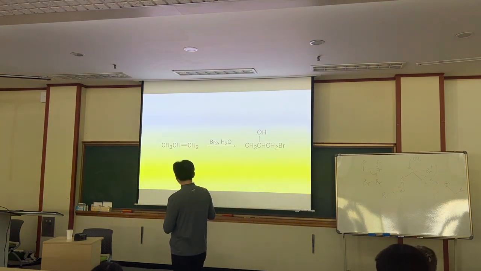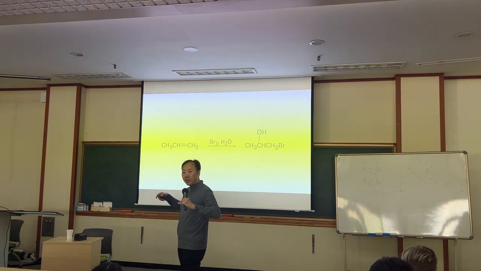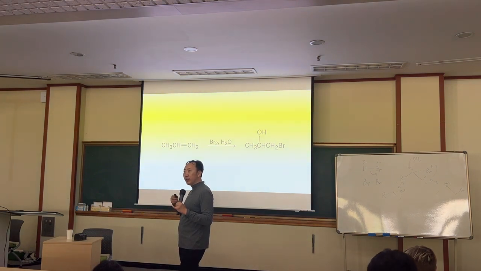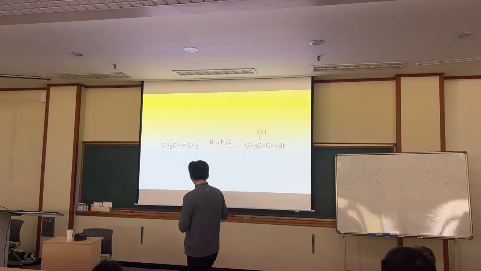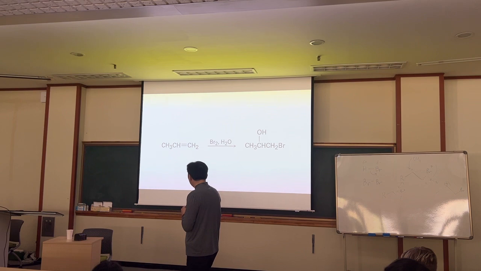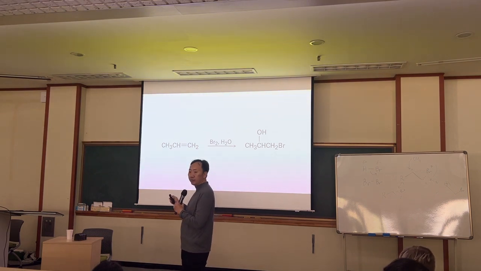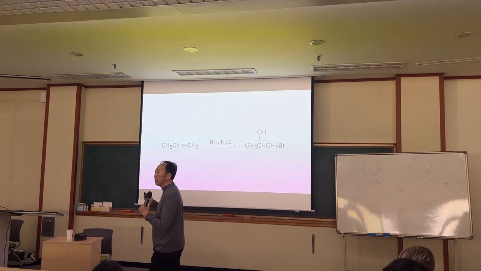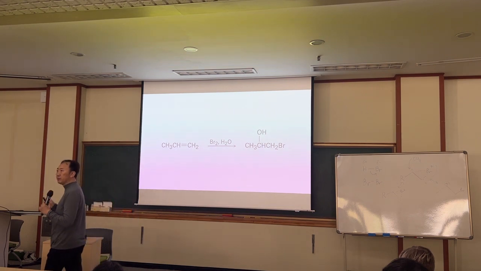If you look at the product, two groups are added, so this is an addition reaction, right? When we decide Markovnikov, this is the activating group added here, and then water attacks this position. So this is the Markovnikov product.